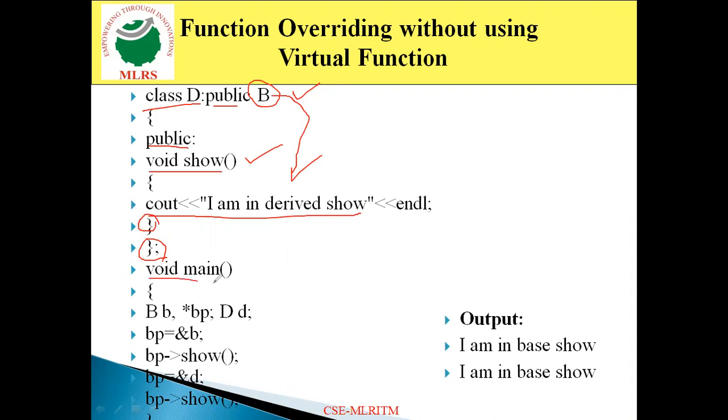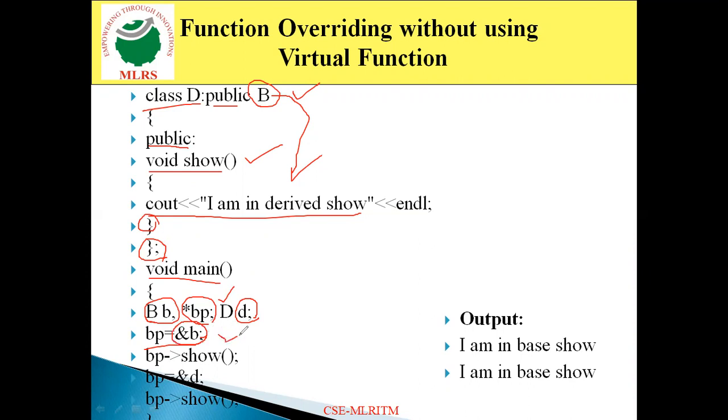Come to the next one, the main function, void main. Now I am creating the object for the base class, then one pointer object, pointer BP, and I am creating one object D for the derived class. Now BP is equal to address of B. Why? Because BP is a pointer, so we must assign the address of another object.